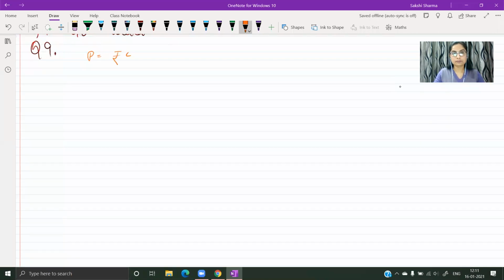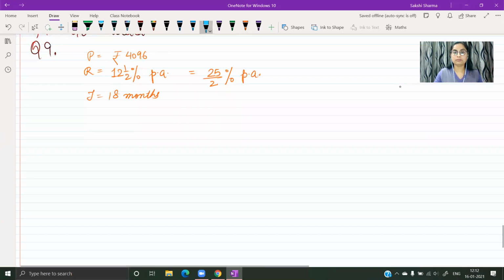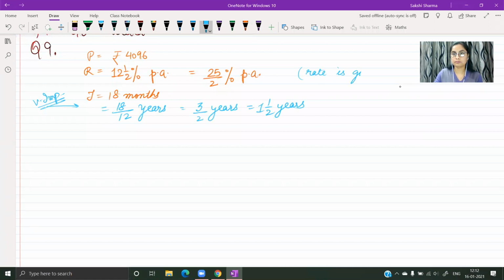Kindly write down. Just for you to remember, since the rate is given yearly, the time should also be in years.